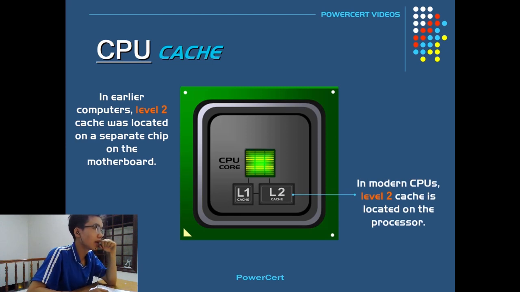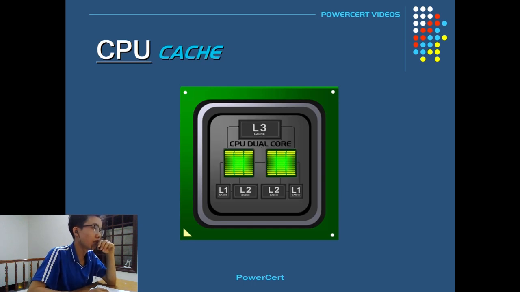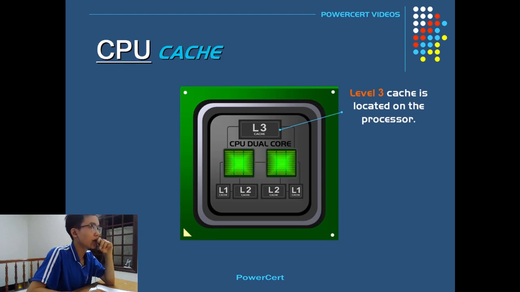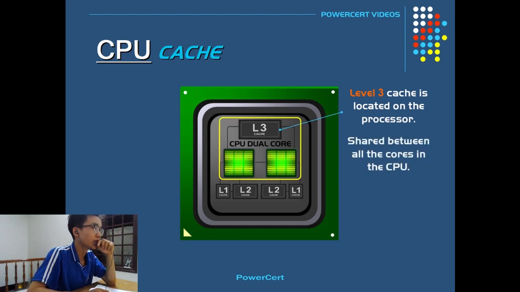Now, in earlier computers, level 2 cache was located on a separate chip. On modern CPUs, it could be located on the processor. Level 2 cache is larger than level 1 cache, but it's not as fast as level 1 cache. And level 3 cache is also located on the processor.